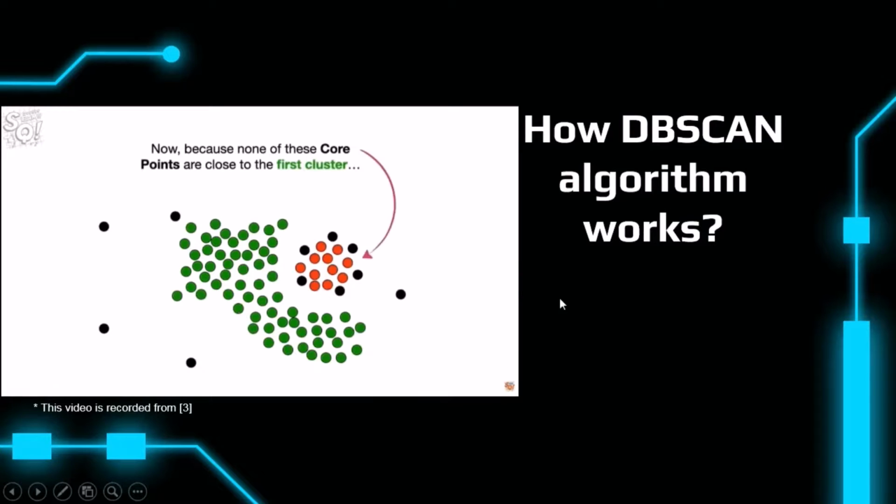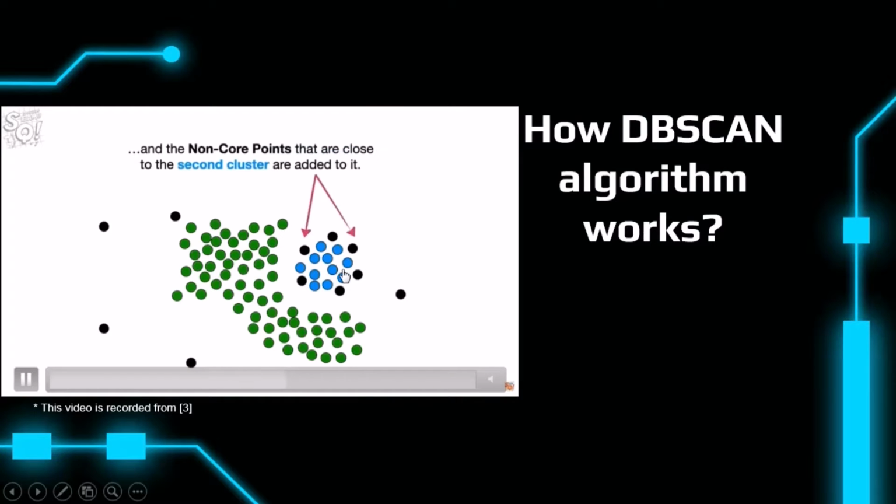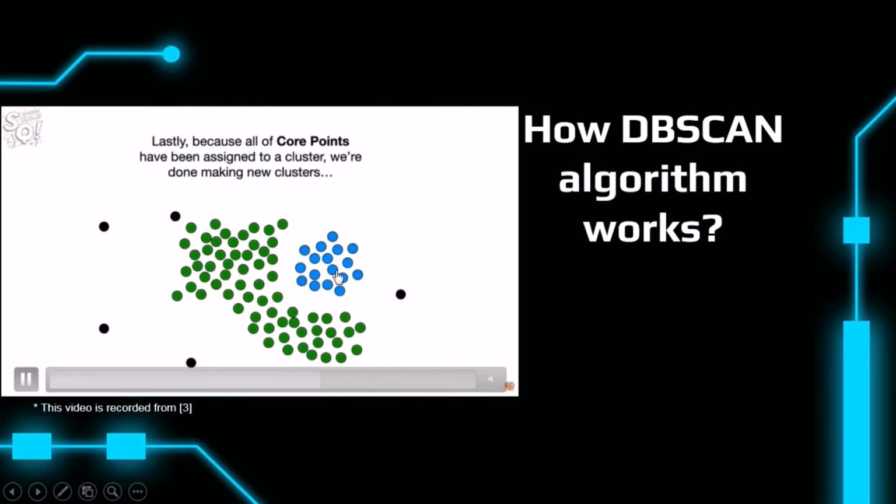And now there may be other clusters, a second cluster. These blue ones are the second cluster, and these are core points, with border points around them, and they join the second cluster as well as in the previous one.